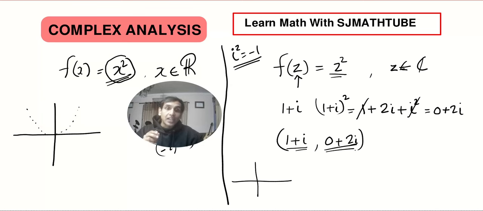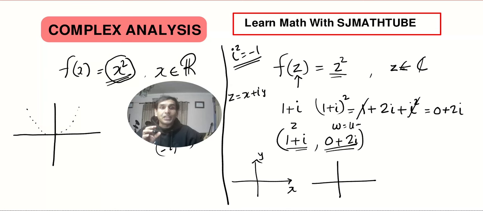The output is again in two dimensions. So what we do is we create the input plane called the xy plane, because I told you z will be x plus iy. And I'm going to call the output as w. And I'll assume the output to be u plus iv. And I'm going to call the output plane as the uv plane.